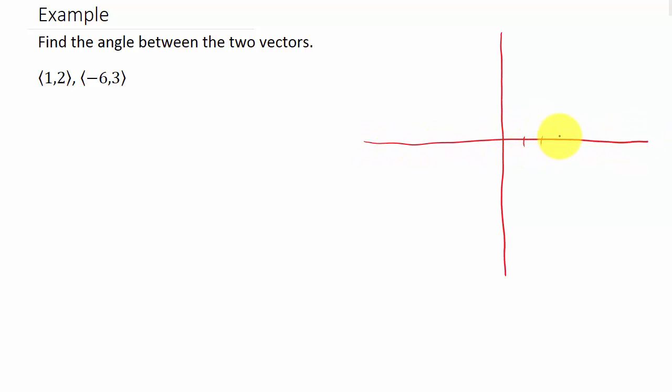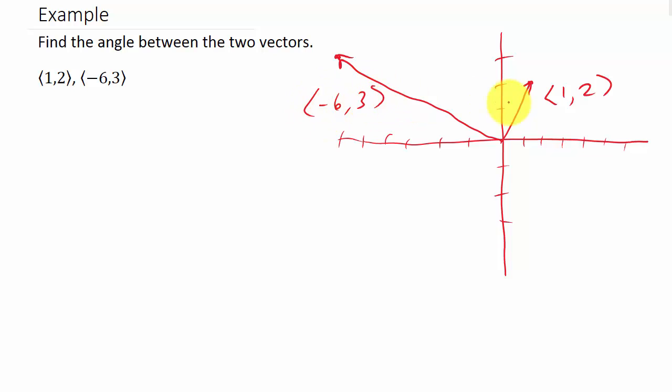If I draw these vectors, there's this vector, 1, 2, and then negative 6, 3. That's what we're finding right there, theta. We're finding the angle between the two vectors.